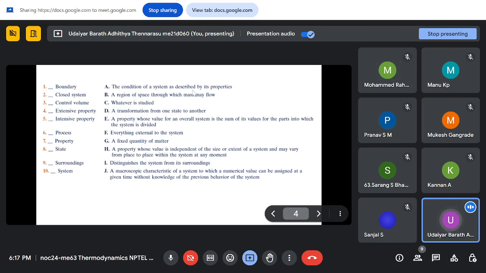Surrounding, as we all know, is everything external to the system, F. So everything external to the system is your surrounding, and then finally system is whatever is studied. C. So C. C, sir? Yeah, correct. C.